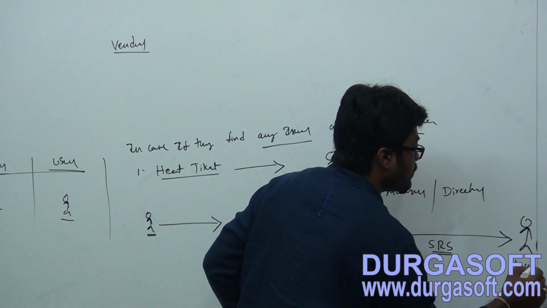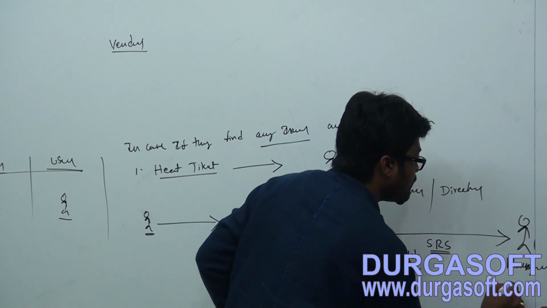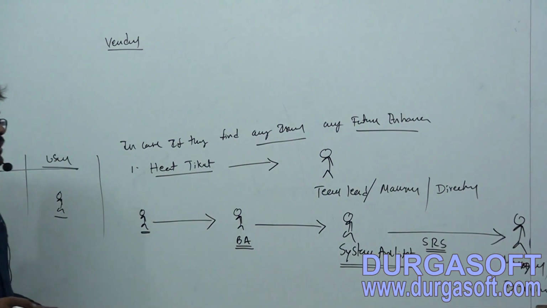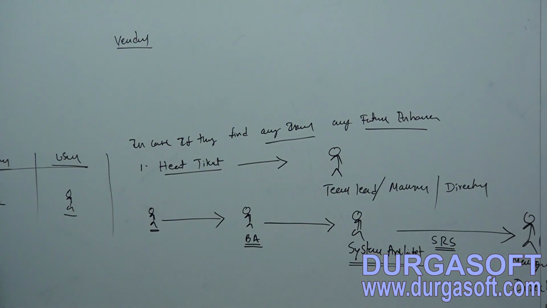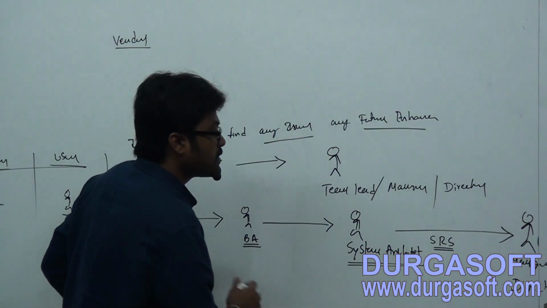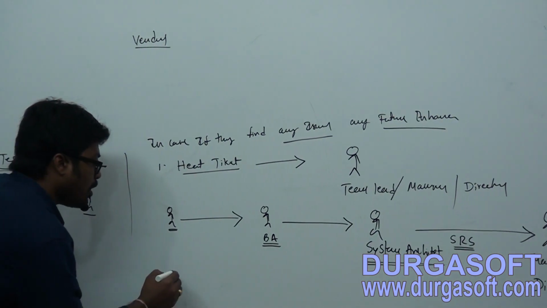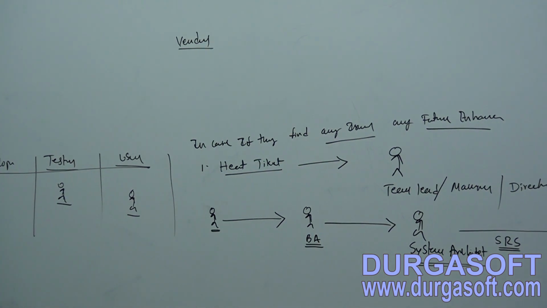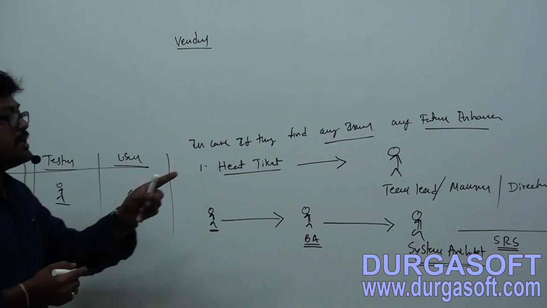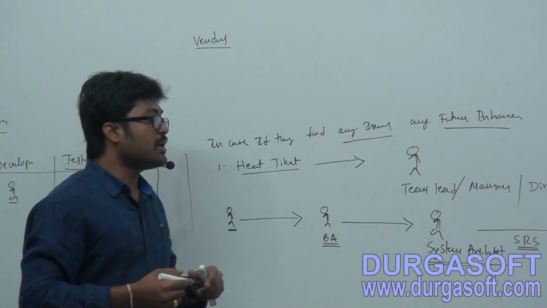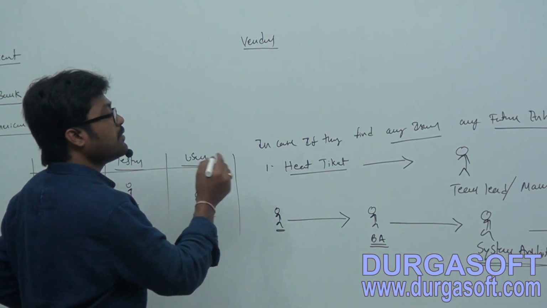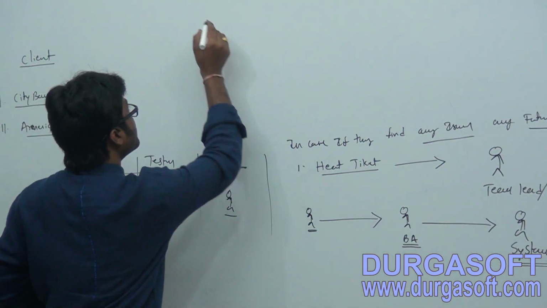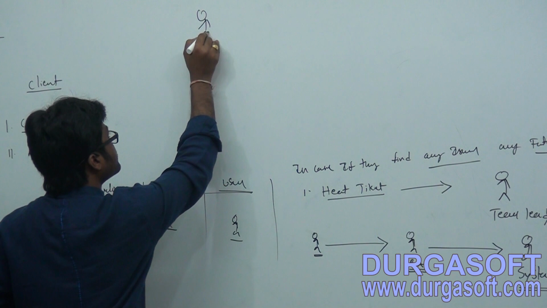Then the directors, once they confirm this SRS, need to call the vendor companies. Okay, before calling vendor companies, these managers or directors keep the SRS documentation and again call the business analyst.